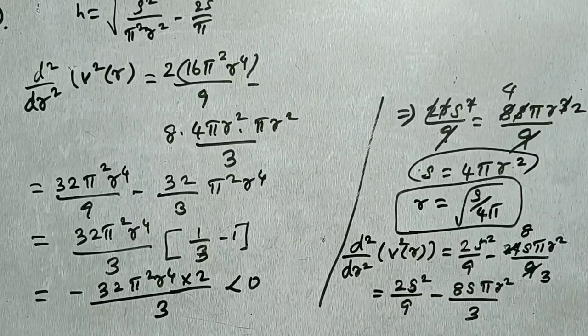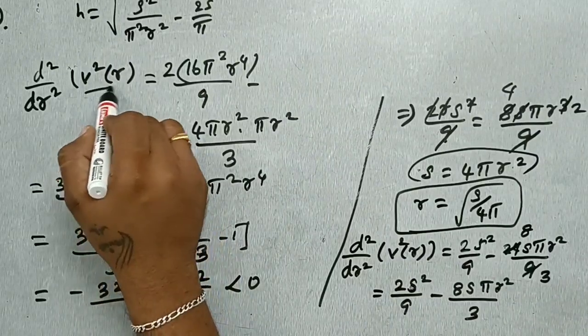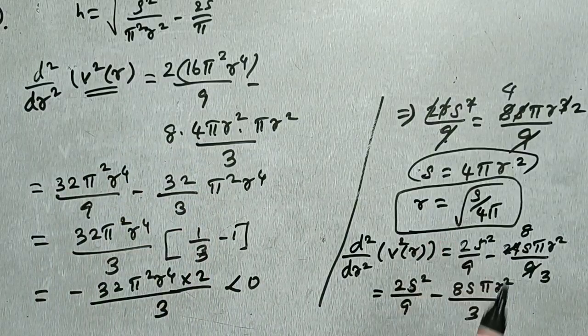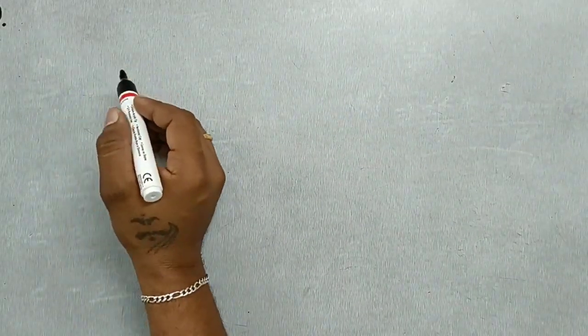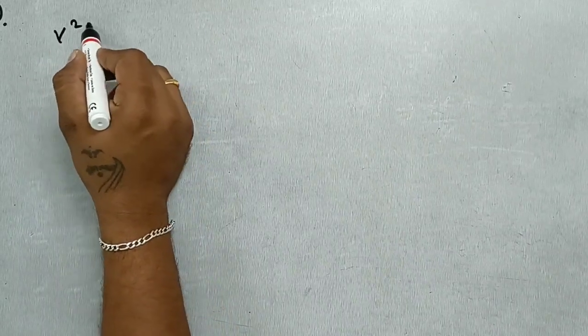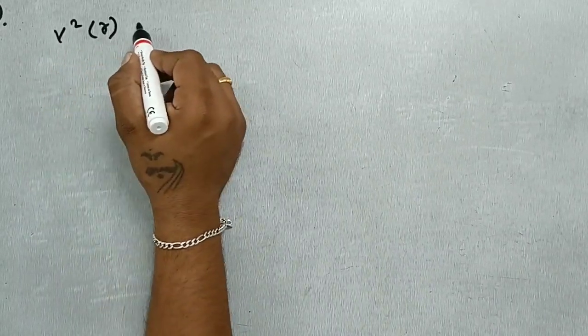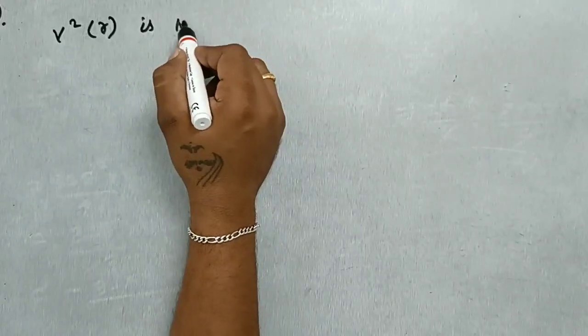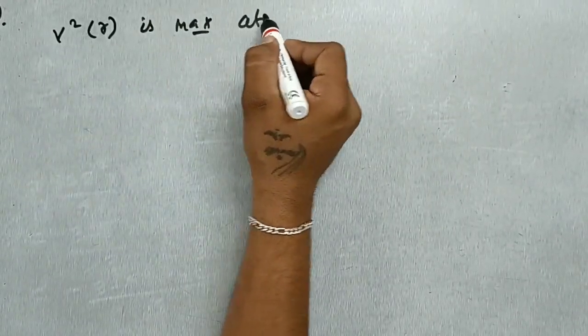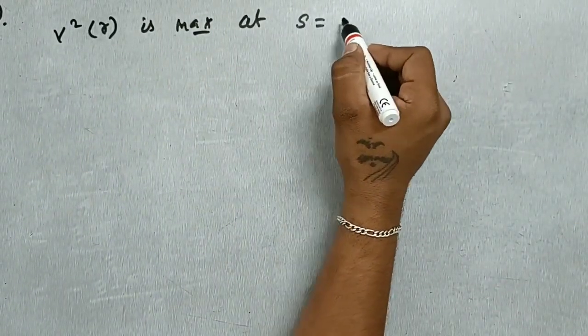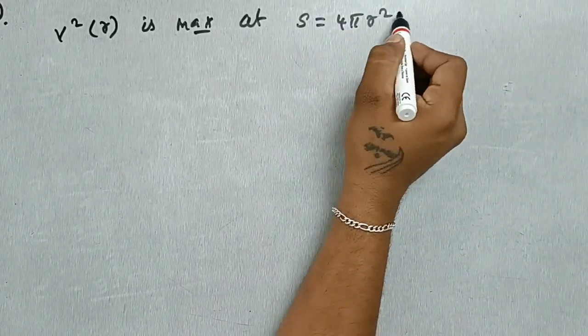So second derivative is less than 0, which means we can say that v square of r is maximum at the point s equal to 4 pi r square. So we have to write that v square of r is maximum at s equal to 4 pi r square.